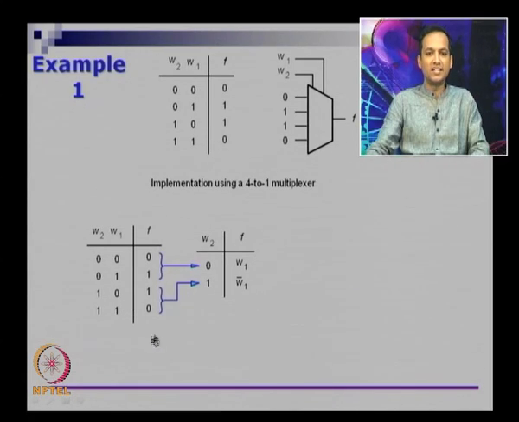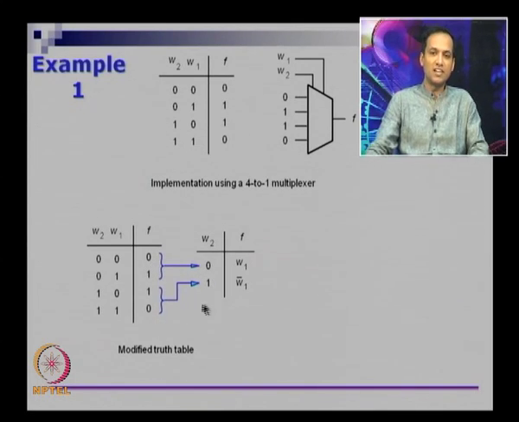So you can take this and write it in a different form. When W2 is 0, F follows W1; when W2 is 1, F must follow W1 complement. Now you can write this as a 2-to-1 MUX, right. So this is a modified truth table. In a truth table you will have only 0 and 1 entries, whereas in this truth table you actually have variables.